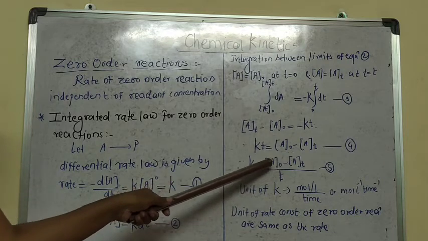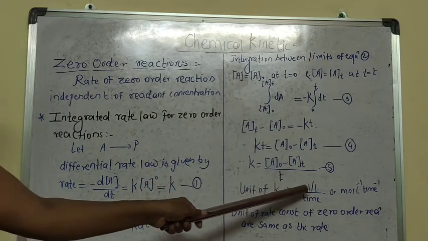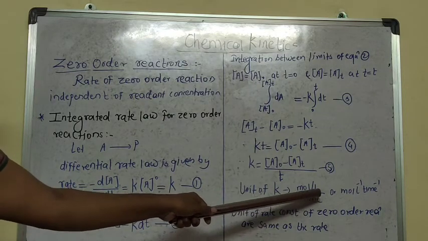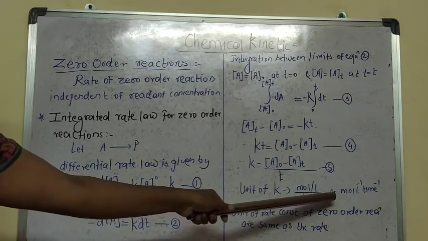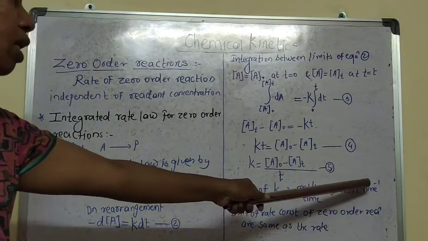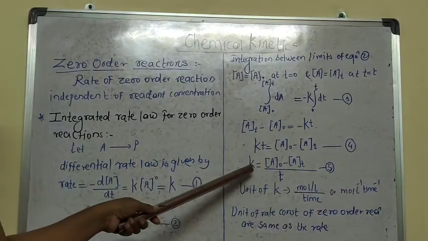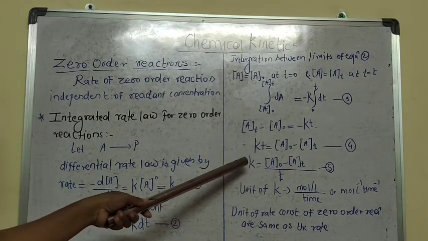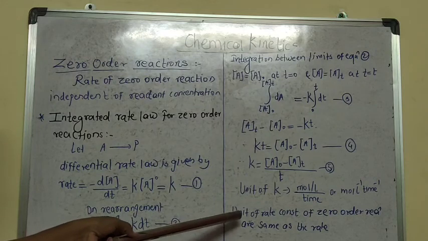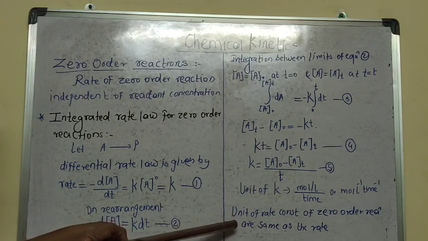The molar concentration is given in mole per liter, and the other is time, so we get the unit mole per liter per time. This is the rate constant for the zero order reaction. The unit of the rate constant of zero order is the same as the unit of the rate.